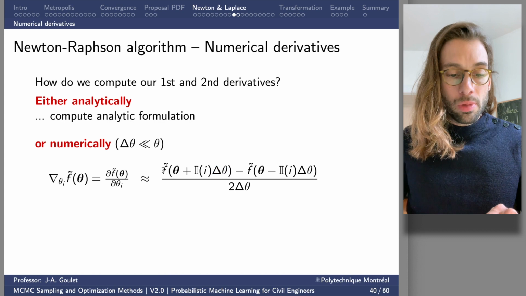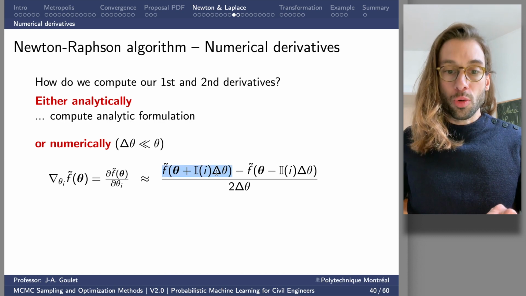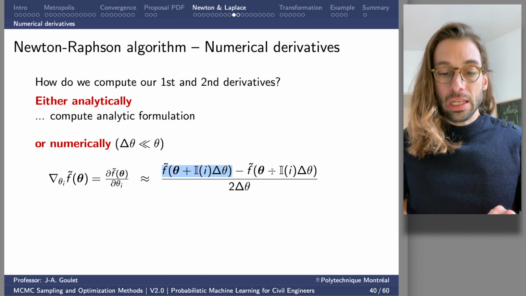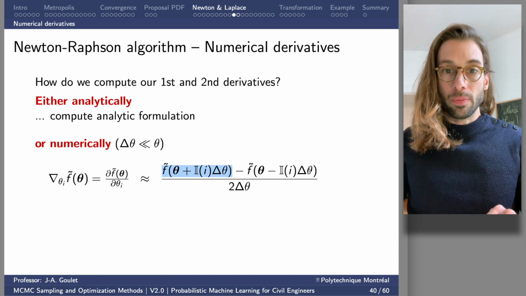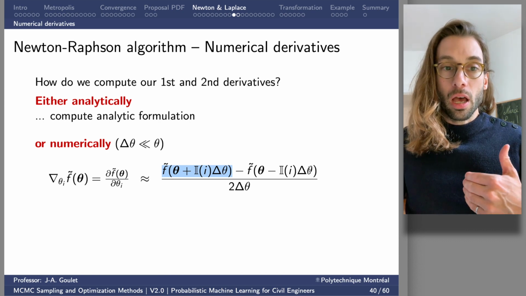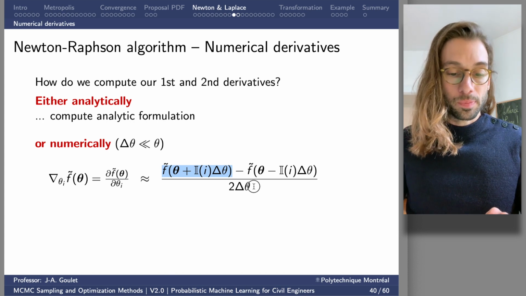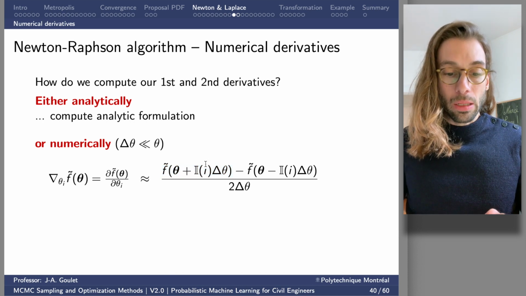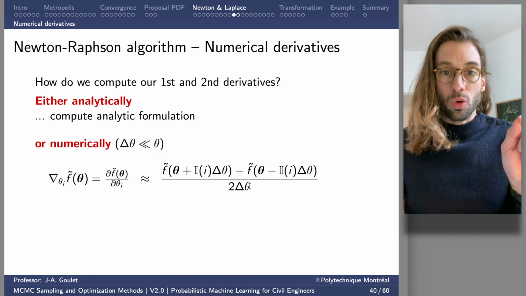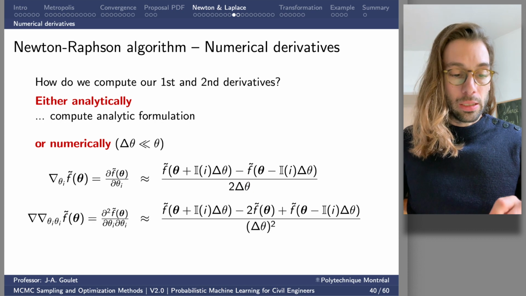So for the first term here, we add a perturbation delta theta. For the second here, we're going to remove delta theta. Okay, this is called the central difference numerical derivative. And given that we evaluate plus delta theta and minus delta theta, we're going to divide by those two perturbations, so 2 delta theta.